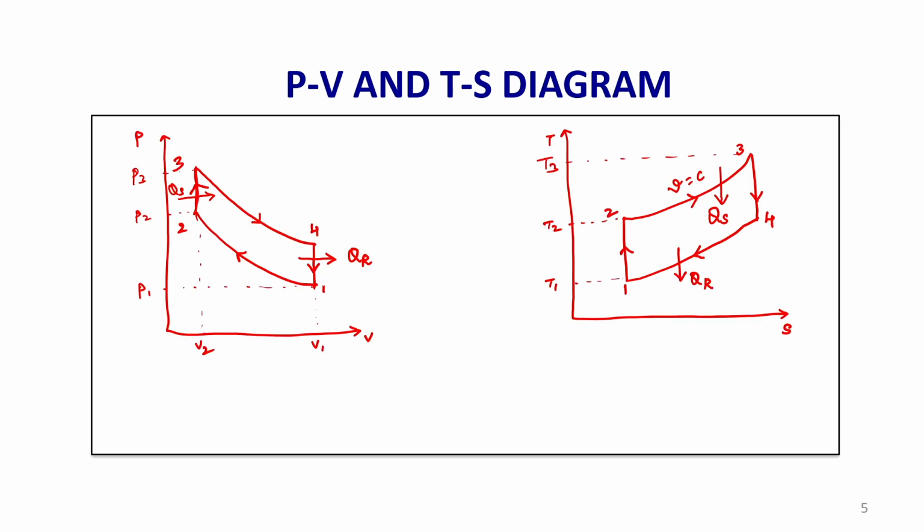This portion is the clearance volume in the cylinder, V2 equal to clearance volume, and this is the swept volume.